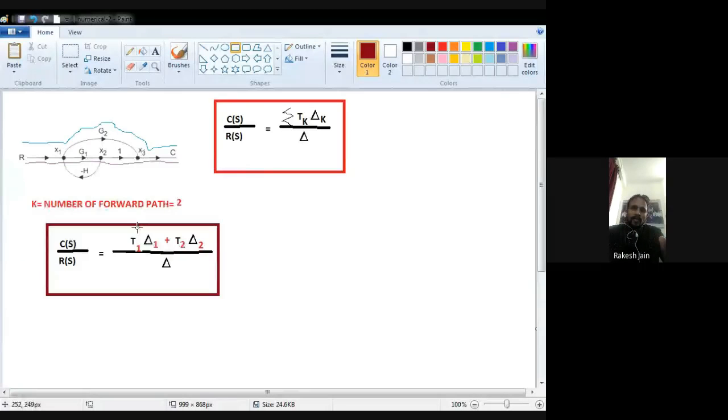So now the next step is to find the forward path gains T1 and T2.